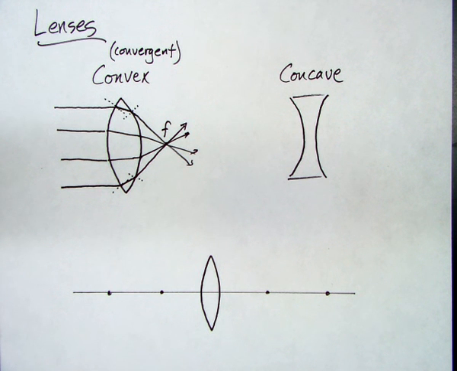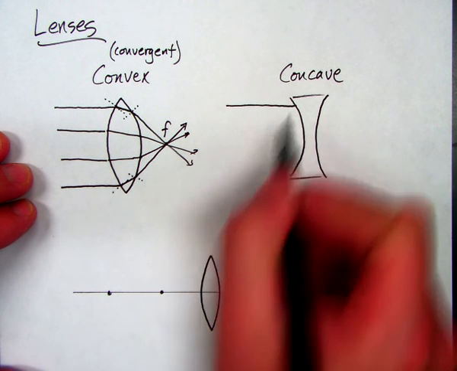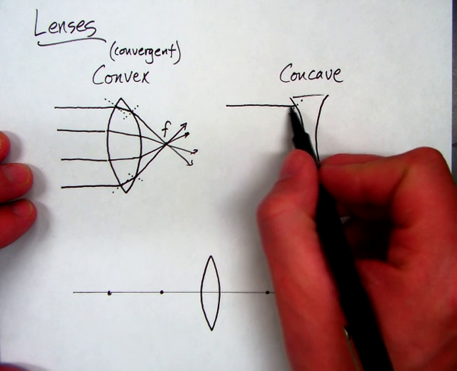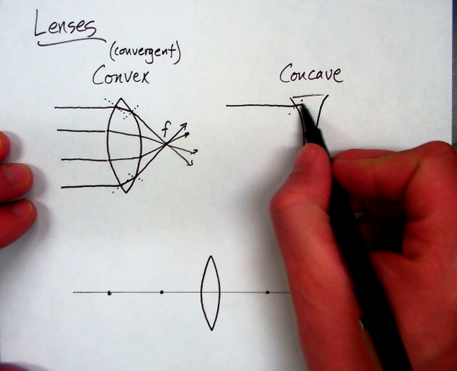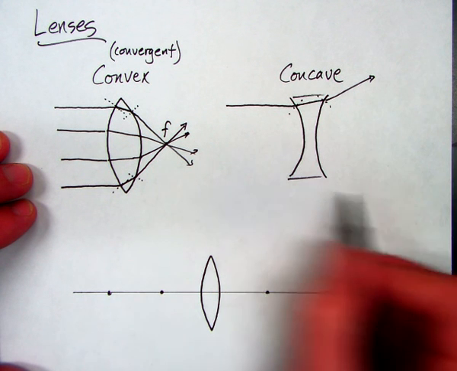Now, if you think back to what we learned about mirrors, with mirrors, concave mirrors are convergent, and convex mirrors are divergent. So it's opposite with lenses. Well, if I send rays of light into a concave lens, now I'm going fast to slow, so I bend towards the normal. Now slow to fast, so I bend away from the normal.